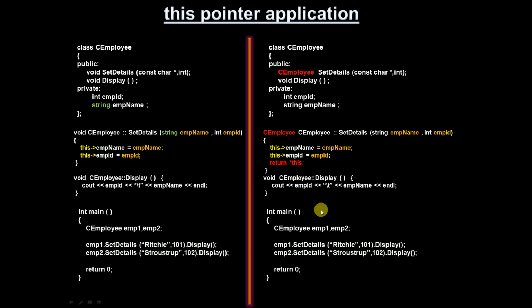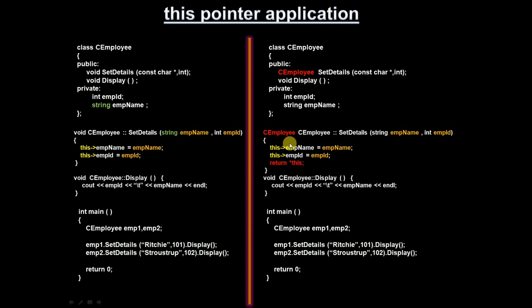Okay. So here you can see two different applications. By using this pointer, we can return the invoking object from the member function. So emp1 is invoking set details, and the same emp1 object I am returning. If emp2 is invoking, then emp2 I am returning.